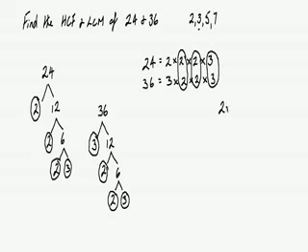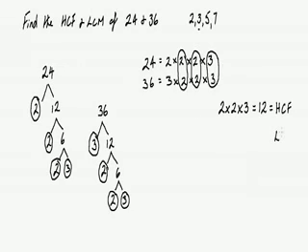So 2 times 2 times 3 will give us our highest common factor. 2 2s are 4 and 3 4s are 12. So 12 is our highest common factor. 12 is the largest number that will go into 24 and into 36.